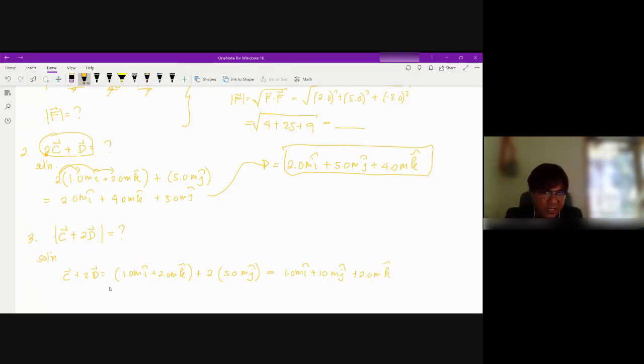Are you with me? So now, ang ipapakita kay magnitude man sa C plus 2D, di ba? That's the magnitude, so yung buhaton is square root.